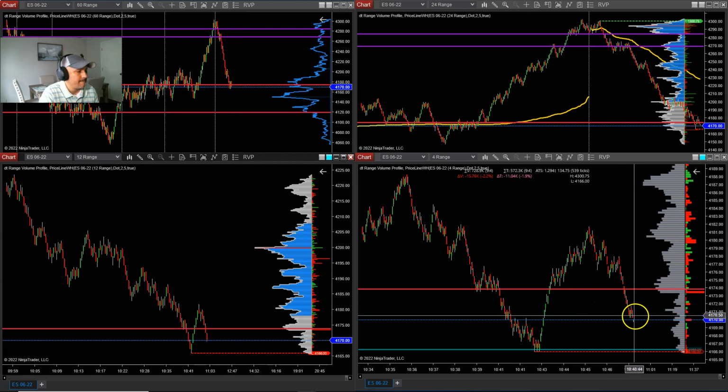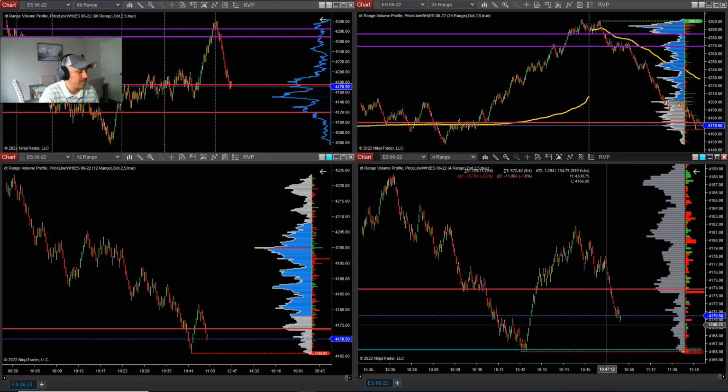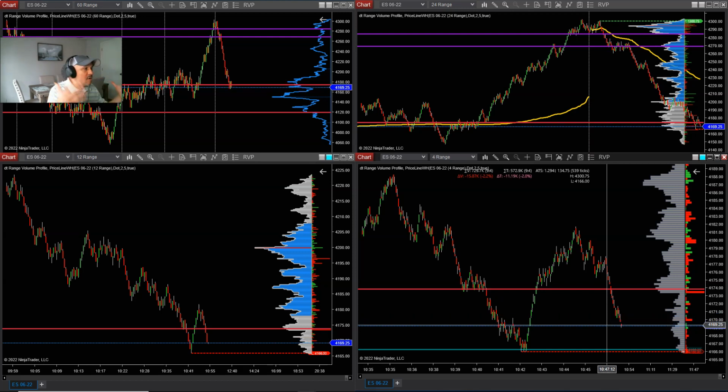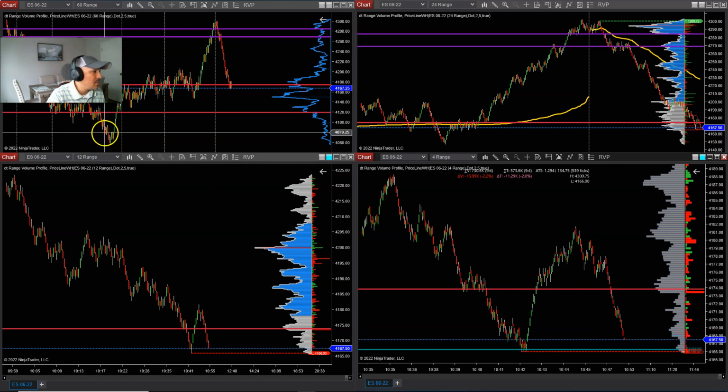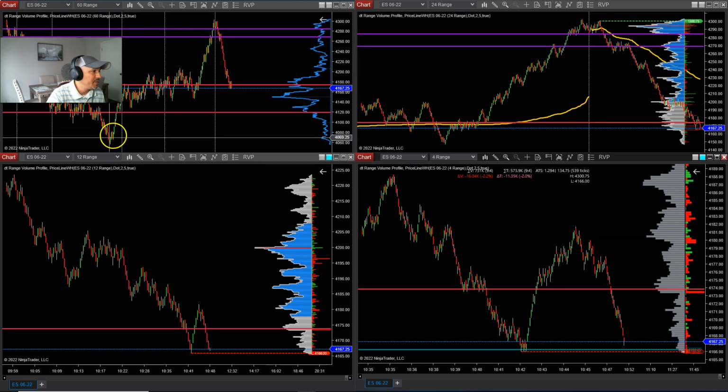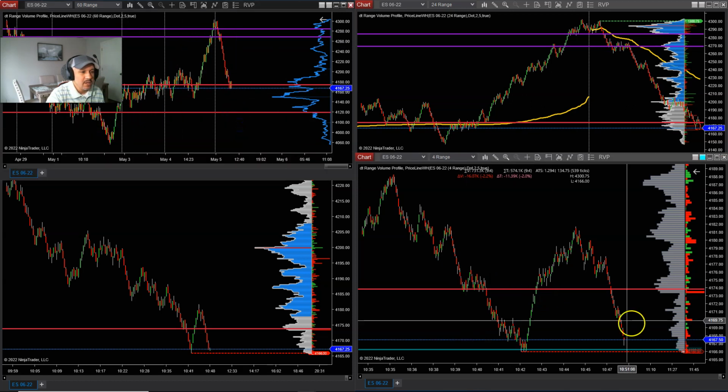Definitely push lower. So overall, I would be saying your best interest is to be looking at short entries. But right now we're moving sideways. We're in this wedge on the higher time frame, and we're just trading within this leg right here. So be careful when you see those type of things.